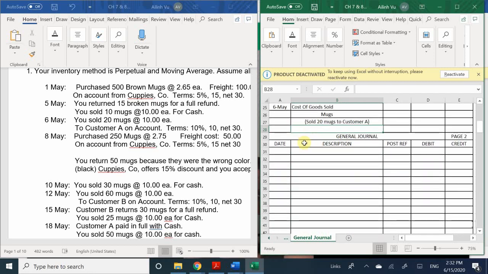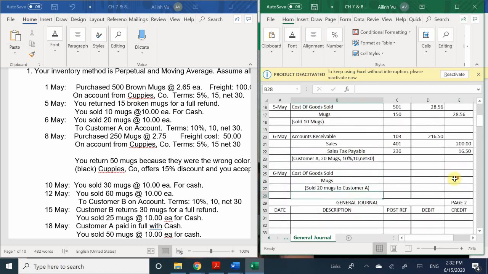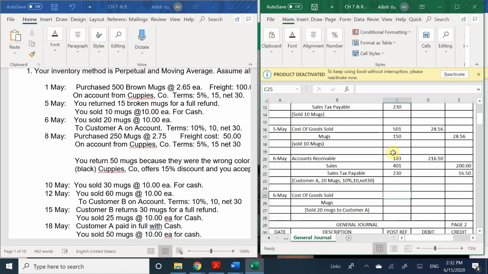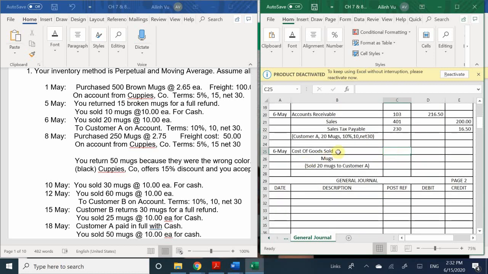All right, so what happened here? I reached the bottom of my first page already. Okay, so cost of goods sold was 501 and 150.